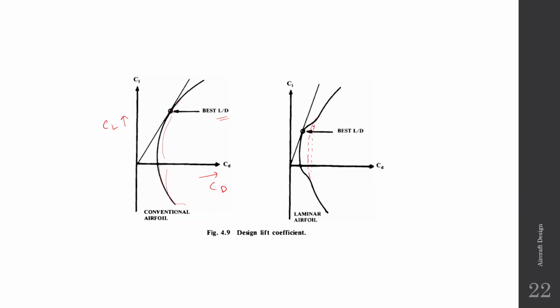So you might have a graph like this, and you can see that this region is lower than the conventional aerofoil. So you get a best lift by drag ratio which is lower than the conventional one. But as I said, manufacturing these aerofoils and maintaining them are difficult.